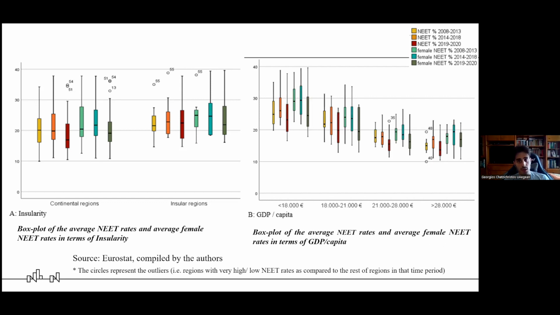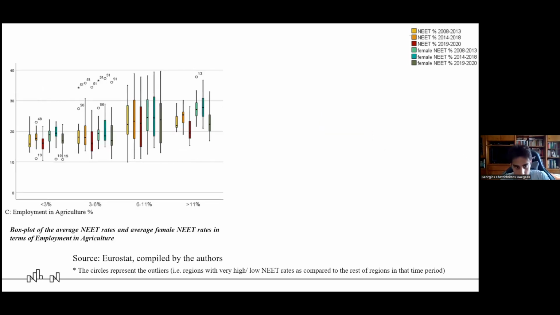This is also related to another, more economic and structural factor, the GDP per capita of each region. We can see very clearly a correlation between the GDP per capita and the needs concentration. In other words, in regions with higher GDP per capita, we have lower concentrations of needs, and vice versa.